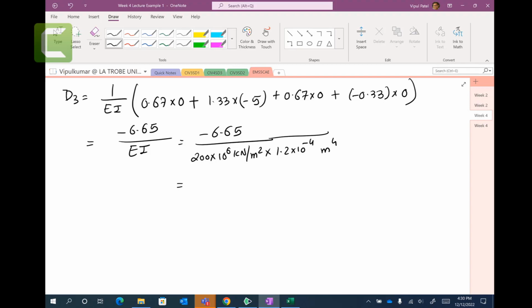You get 2.77 times 10 raised to minus 4 meters. If you want it in millimeters, you multiply by thousands, you get 0.277 millimeters. So what is D3?